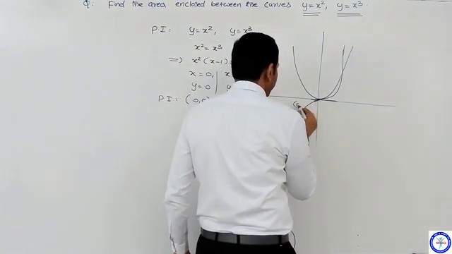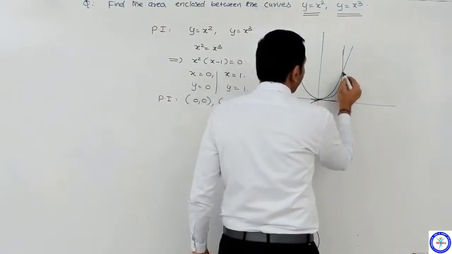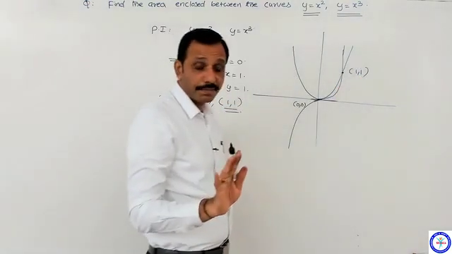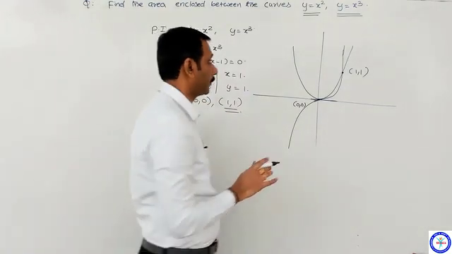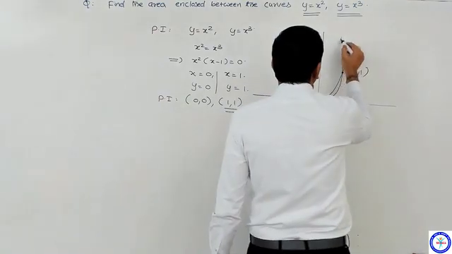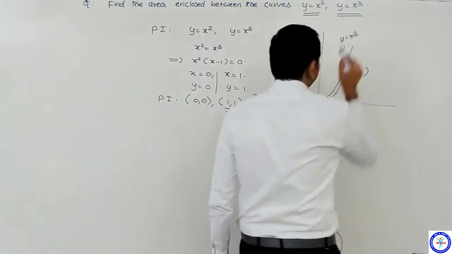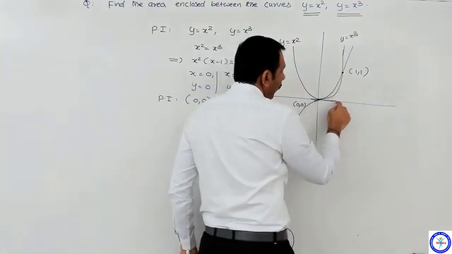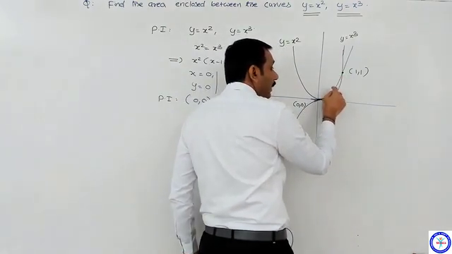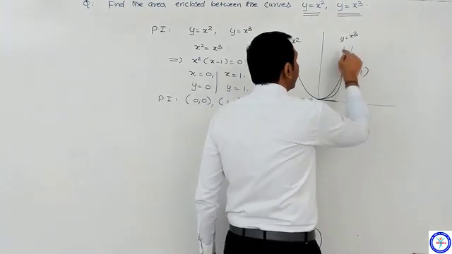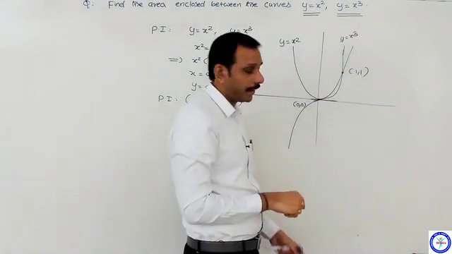One intersection point is 0, 0. The other intersection point is 1, 1. Observe these two graphs clearly. This is y equal to x square and this is y equal to x cube. From 0 to 1, x square is greater than x cube. And from 1 onwards, x cube is greater than x square.